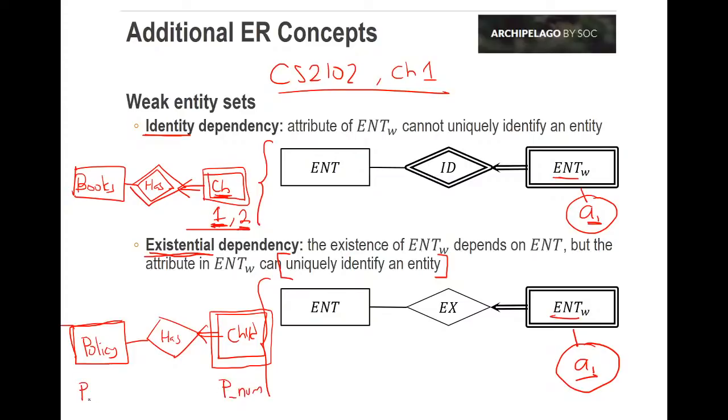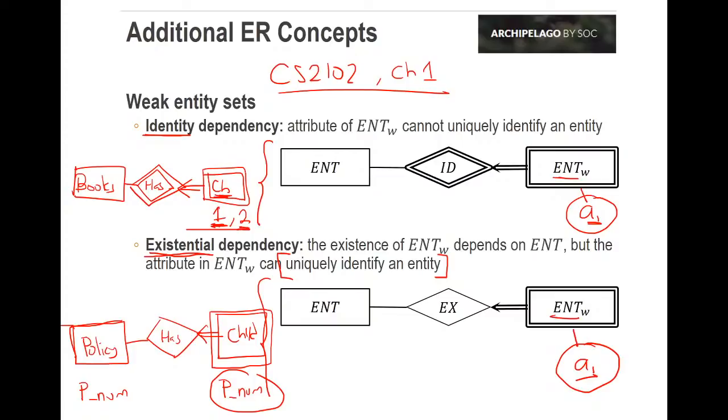I may also have a policy number. But my child's policy number should uniquely identify my child's policy. It should be unique within the entire database. So this is an example of existential dependency. My child cannot have a policy if I no longer have a policy. If I opt out of my insurance, my child cannot have insurance. So that's the difference between identity dependency and existential dependency.